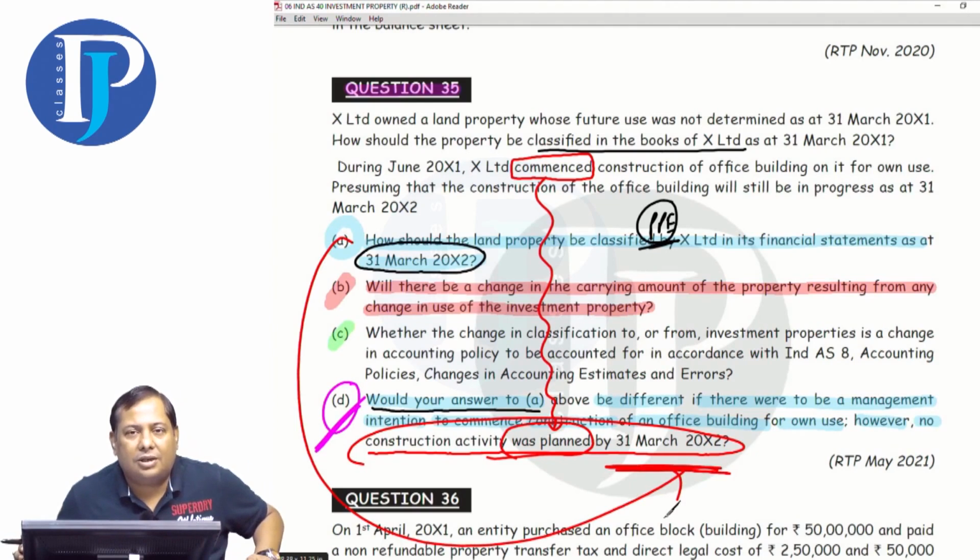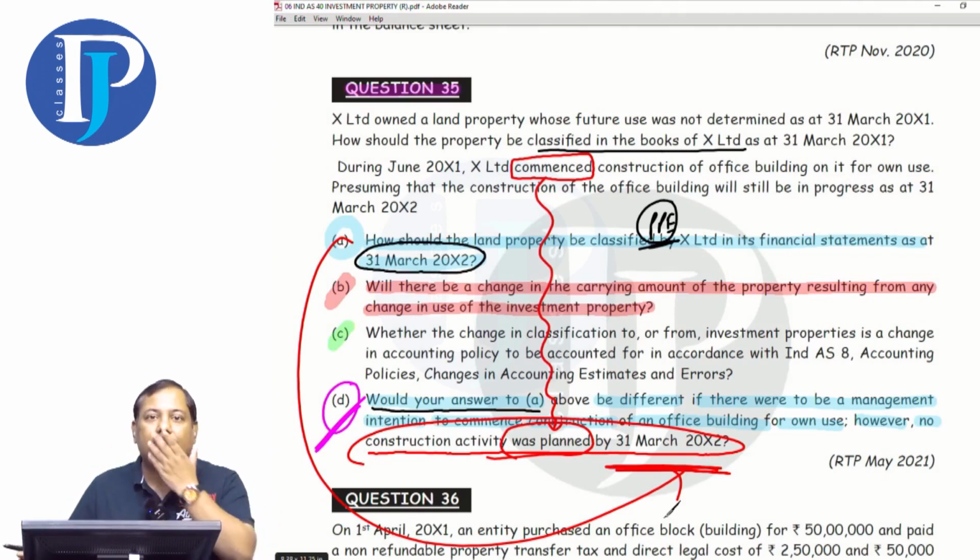Until the planning of your building's construction begins, we'll consider this as a story. Till we take action. If you have called a contractor for planning of the construction, let's assume that this land will be used for office only. We will change it. There's no planning or construction. You just have the intention to build it. Just a story. You didn't take any action.